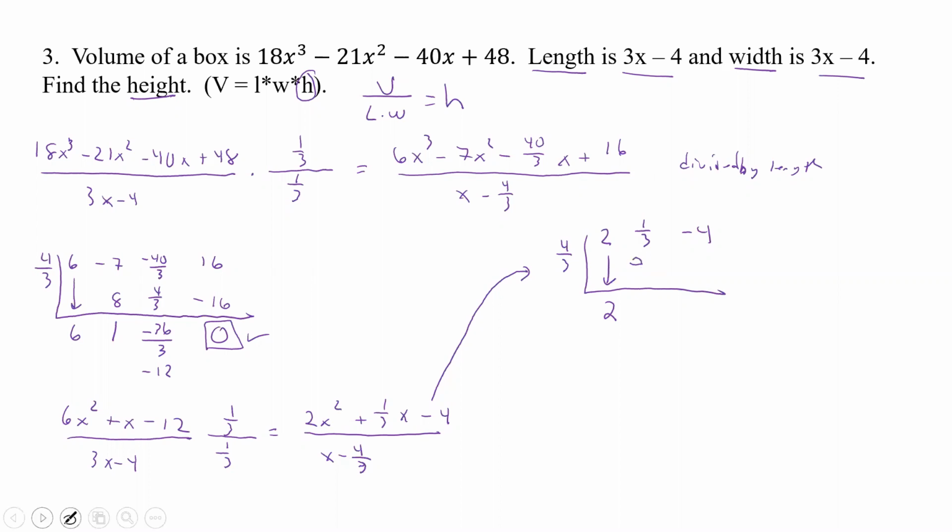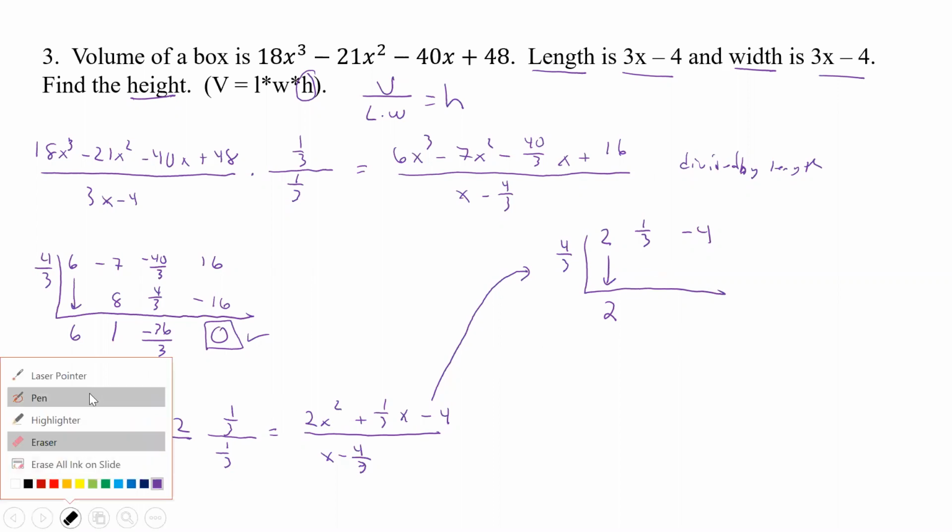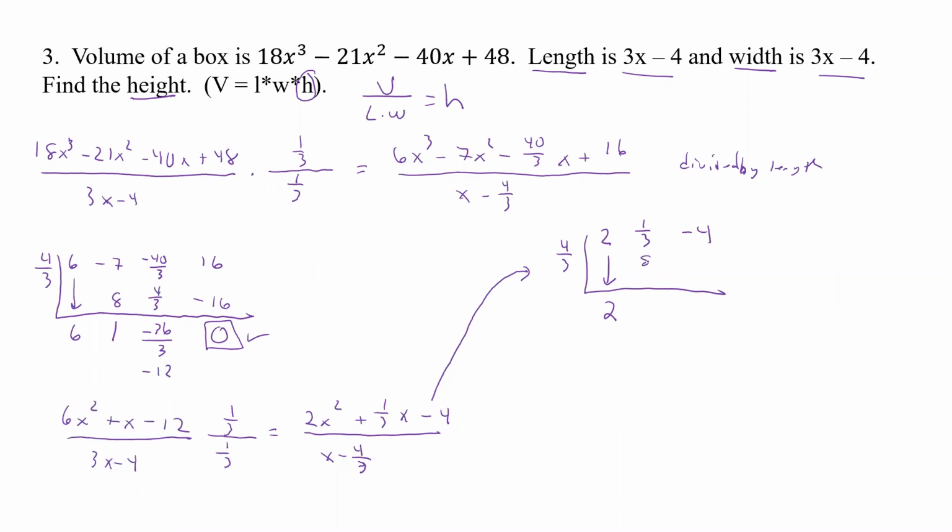Whoops, didn't work right. All right, so 8/3. So 8/3 plus 1/3 is 9/3. Well, that's 3. And 3 times that's going to give us a 4. 4 minus 4 is 0. So we do get what we need of a 0 here. And so that's good. We have a 0 remainder.